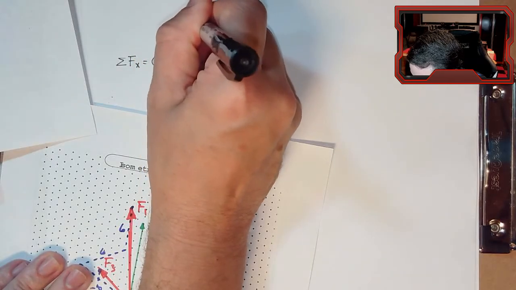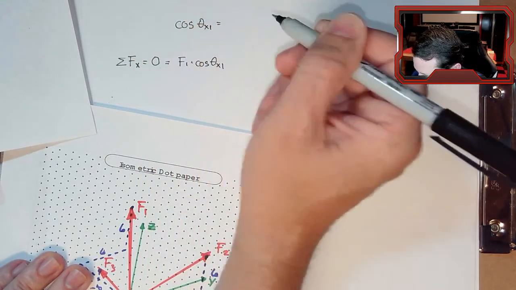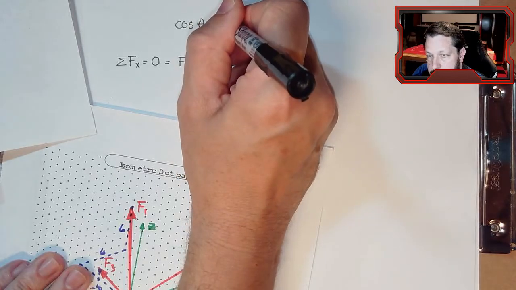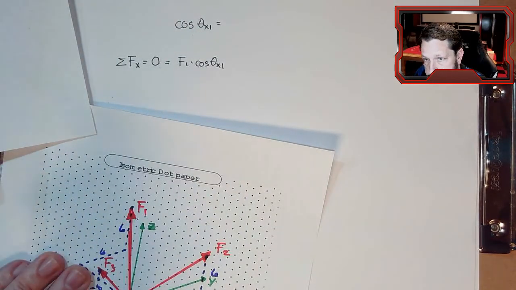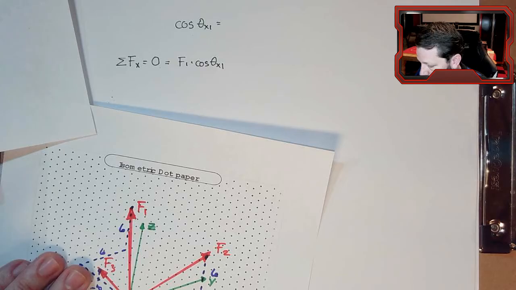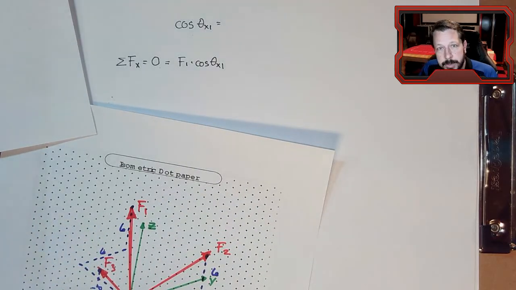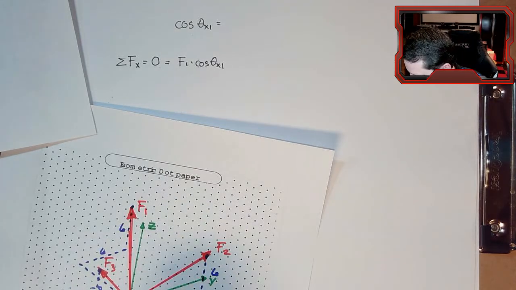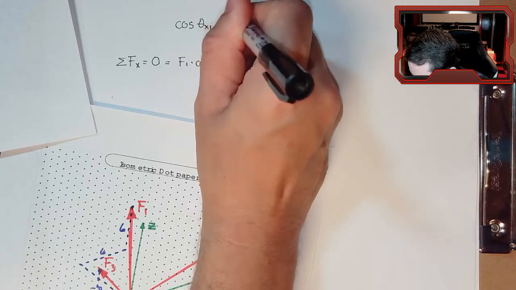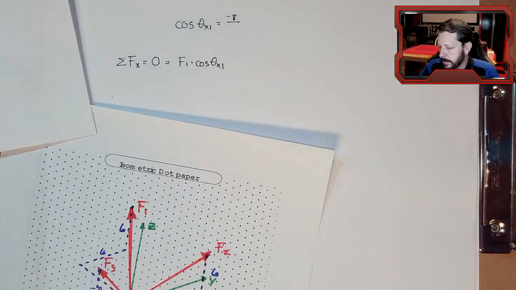Cosine of theta x1 would equal the x component of the force 1. I don't know the x component of the force, but I know the x component of the cable, and the x component of the cable is -8. And then the bottom, the denominator here, is the hypotenuse.